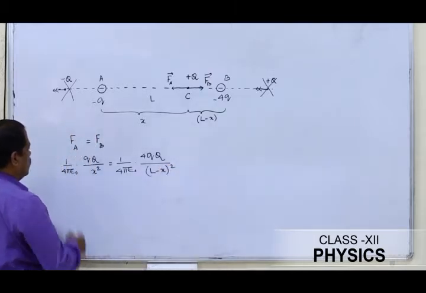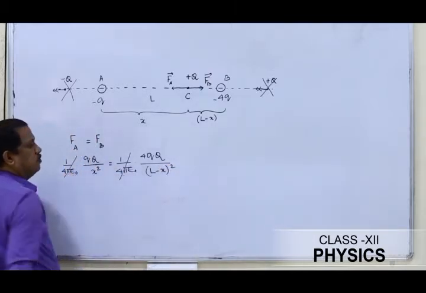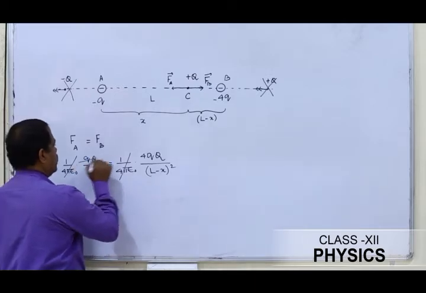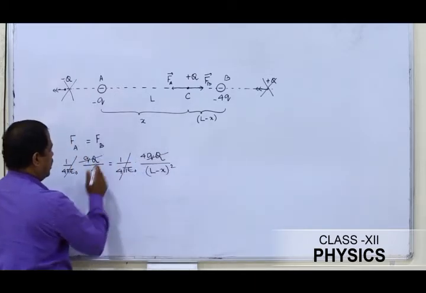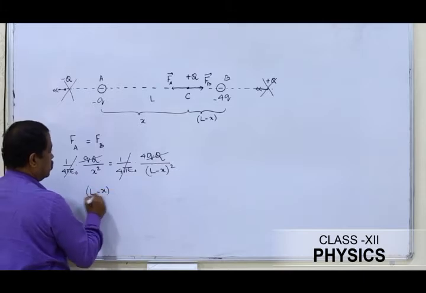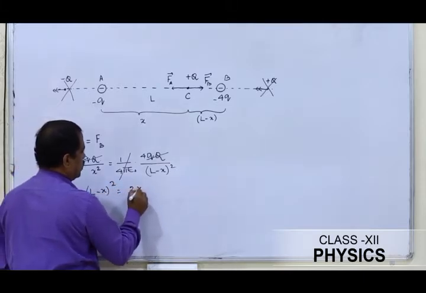If I work it out, Q and Q are gone. So I have L minus x, the whole square, is equal to 4 times x square.